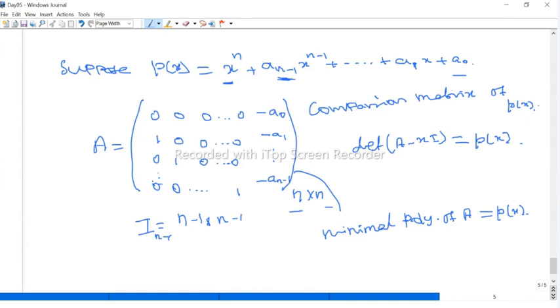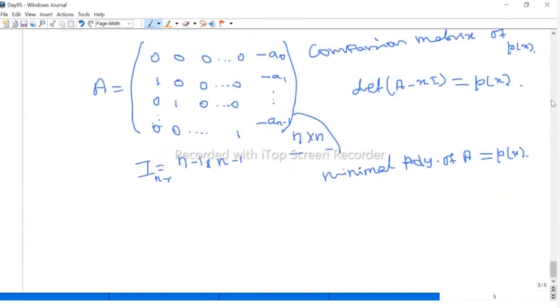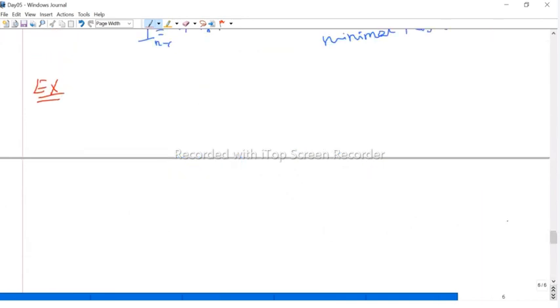Okay, so if I give one matrix, you can easily say the characteristic polynomial and the minimal polynomial. Sometimes they will ask a question like this. Directly they will give a matrix like this.